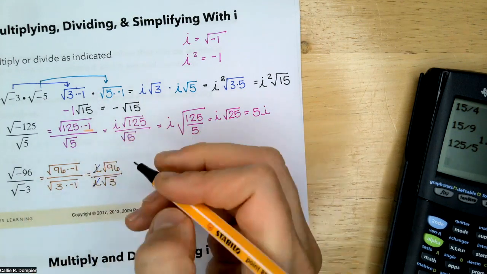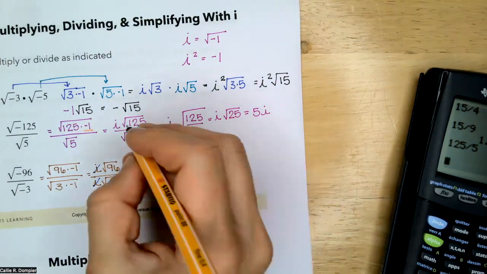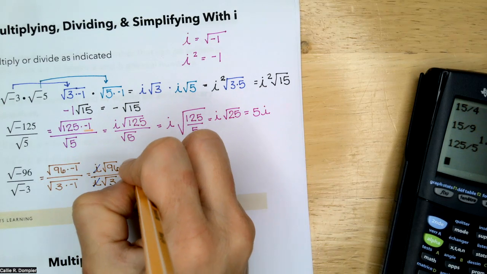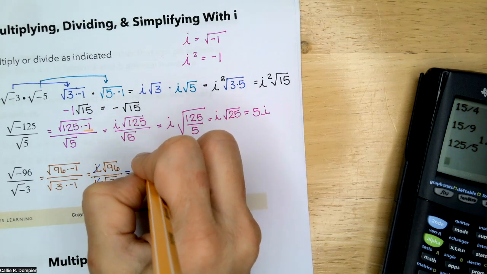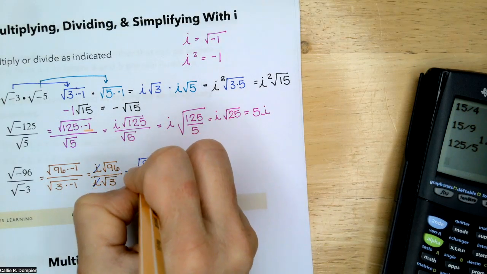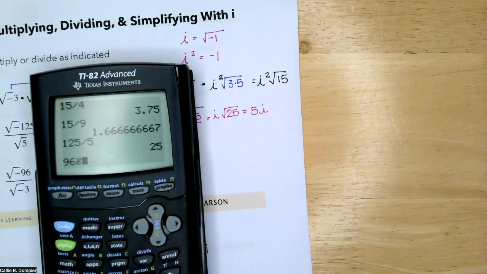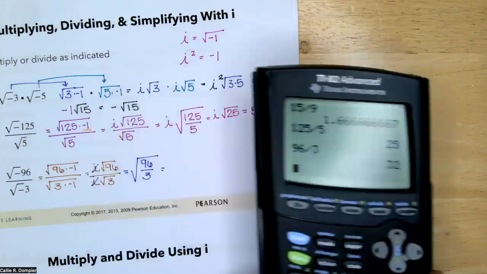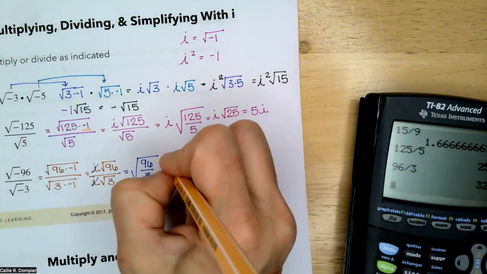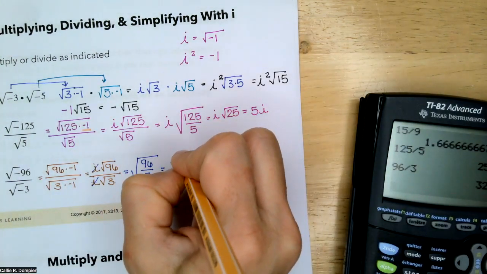If you have something that is a common multiple on the top and the bottom, you can cancel it. That is now just the square root of 96 over 3. See if you can divide 96 by 3. You can, and you get the number 32. So that's the square root of 32.